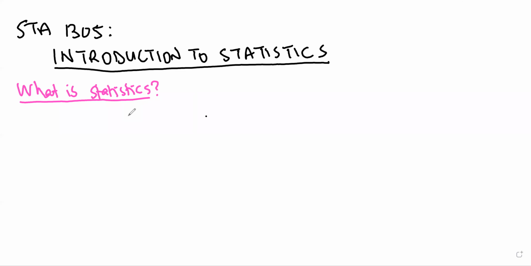And today we shall be familiarizing ourselves with the basic concepts in the subject of statistics. And we shall start by posing the question, what is statistics? And as some of you told me, statistics entails collection of data. It also entails presentation of data, the analysis of data, and interpretation of data.